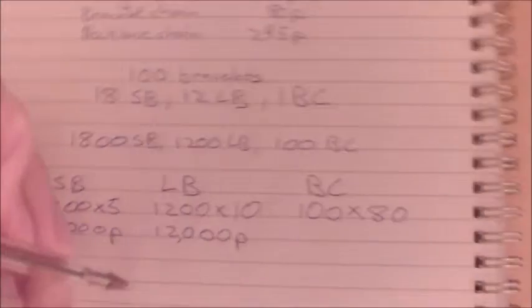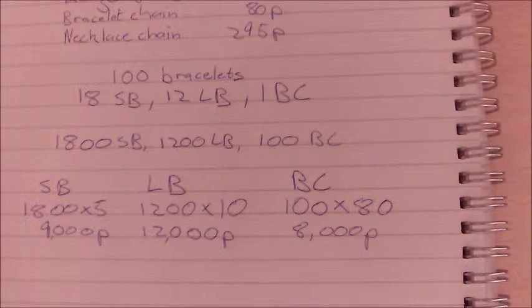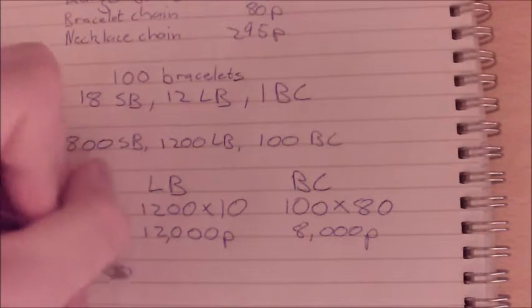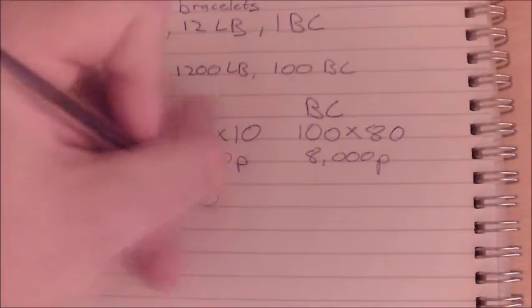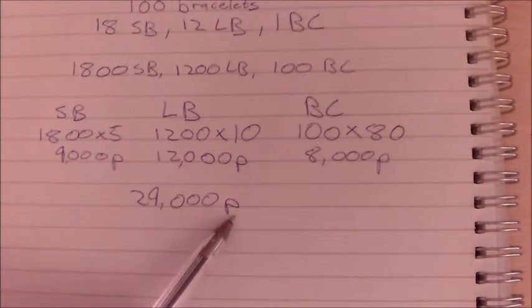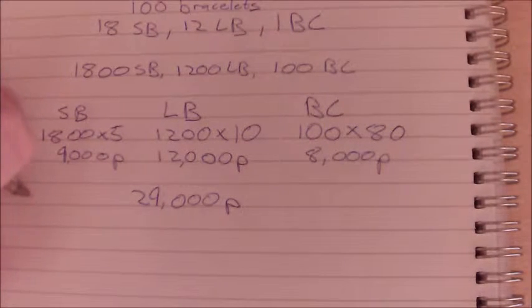So it's times by 80, and that's going to be 8,000 pence. So if we add these three totals up together, we've bought all of the materials he needs, which comes to 29,000 pence. So that's the total cost for the materials.